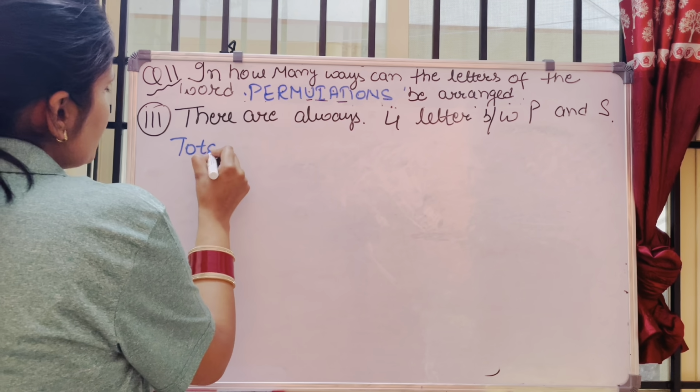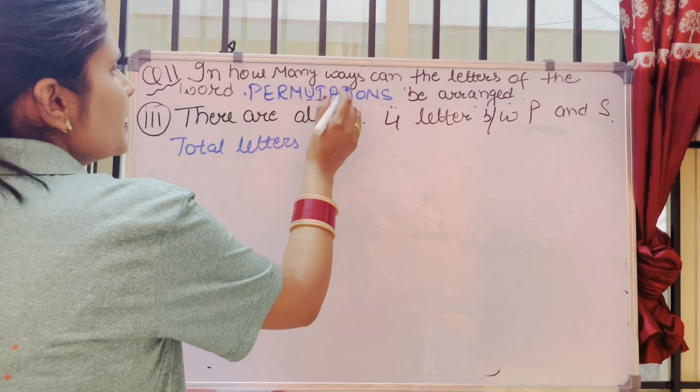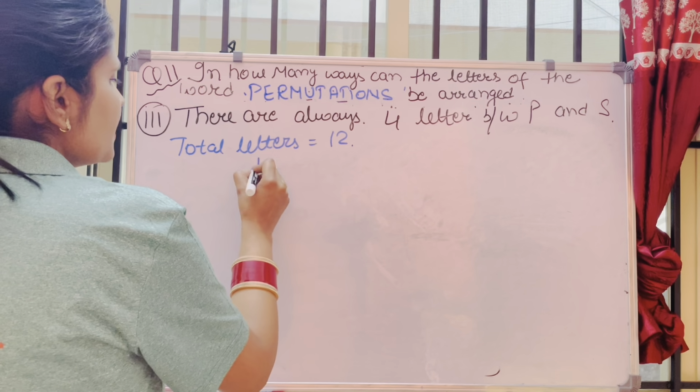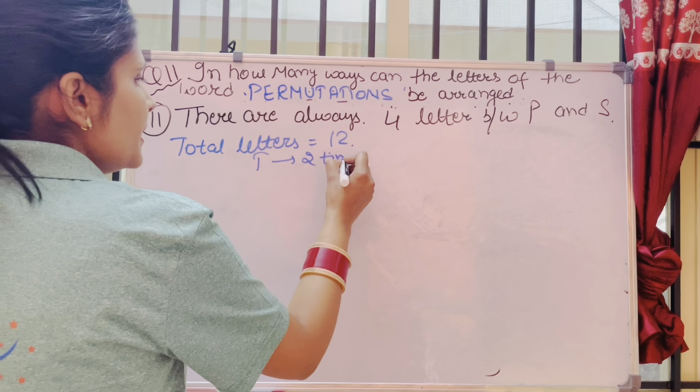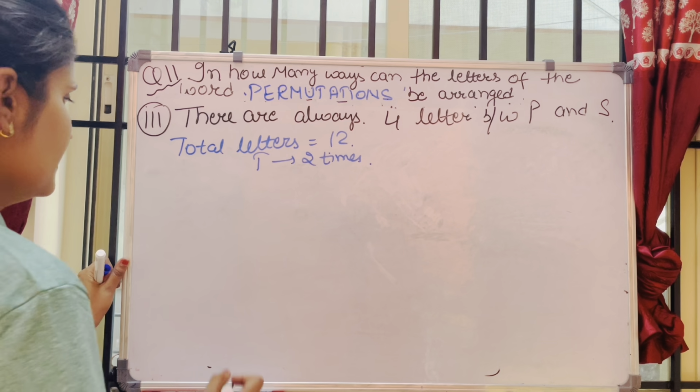Total letters are 12. T comes in 2 times.